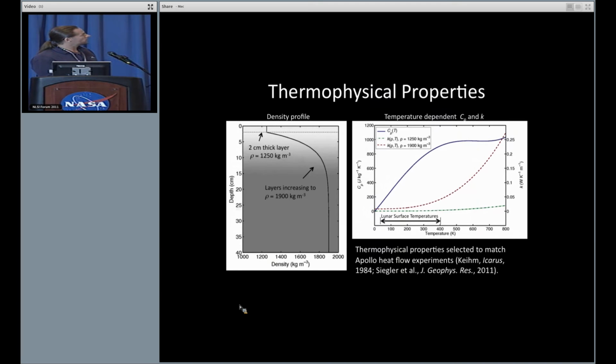So we've got this low density, fluffy, low thermal conductivity layer beneath which there's a more competent layer that increases in density very rapidly with depth. And then we have temperature dependent conductivity and heat capacity.